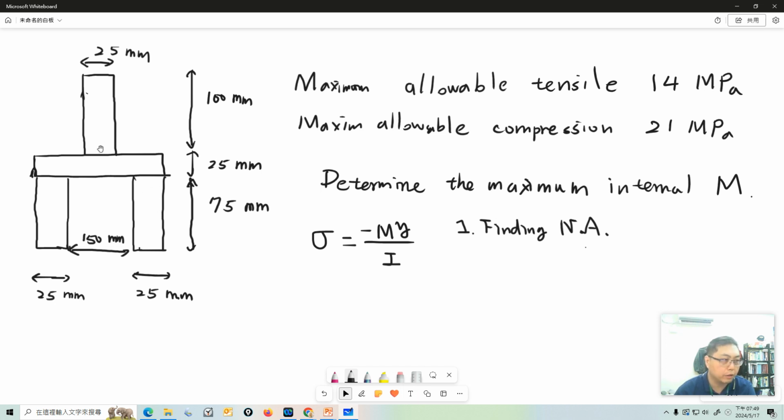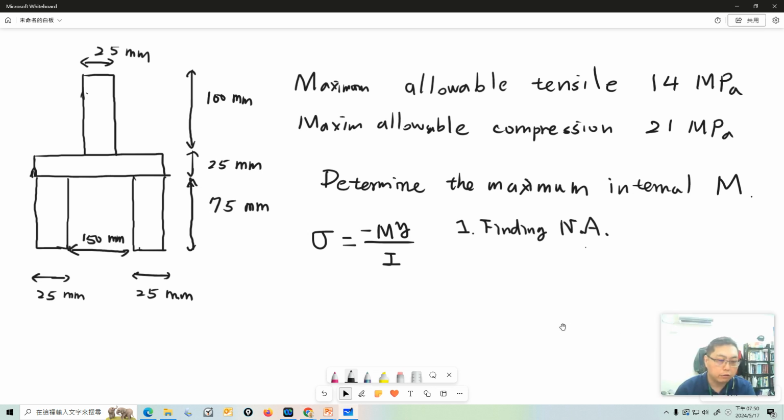But we can divide this complicated shape into simple shapes first. In this problem, the shape is already cut for you: he divided the complicated shape into simpler shapes. We can divide it into four rectangular shapes. After dividing, the next thing is to identify the centroid of each section.